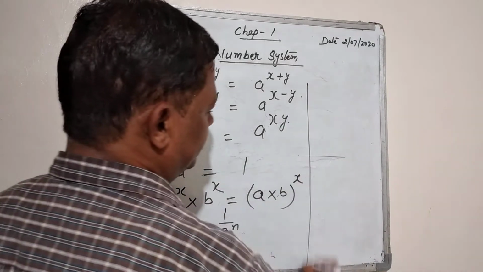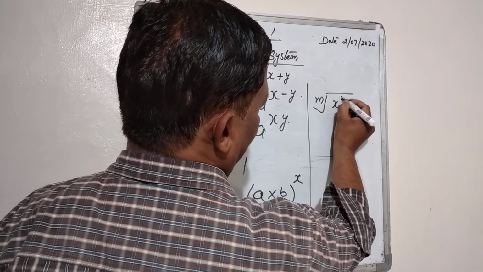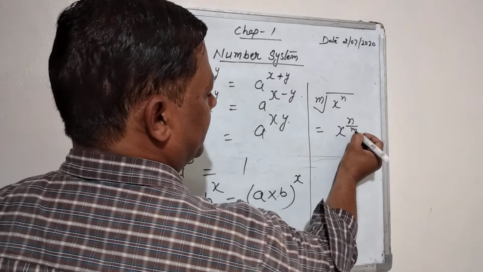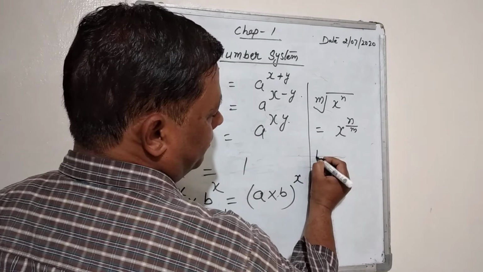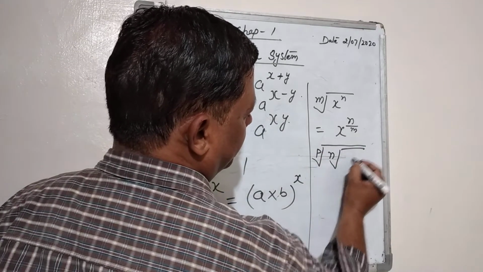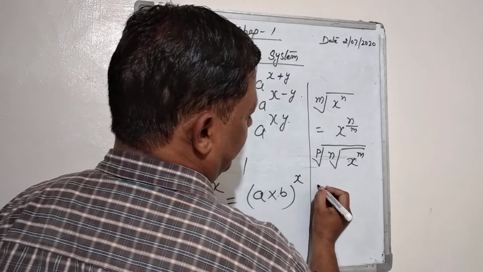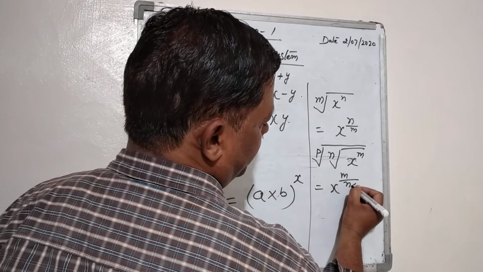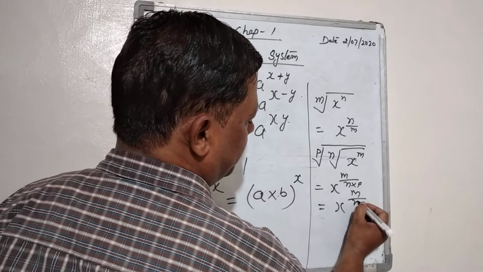Suppose we have nth root of x raised to the power m, then x raised to the power m upon n. If we go for the three types, like pth root of nth root of x power m, then we can write x power m upon n into p, that is x power m upon n p.